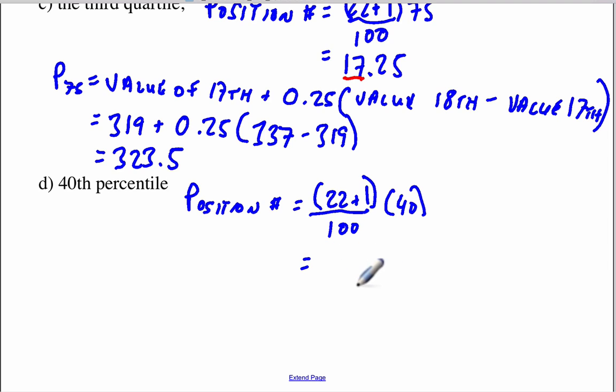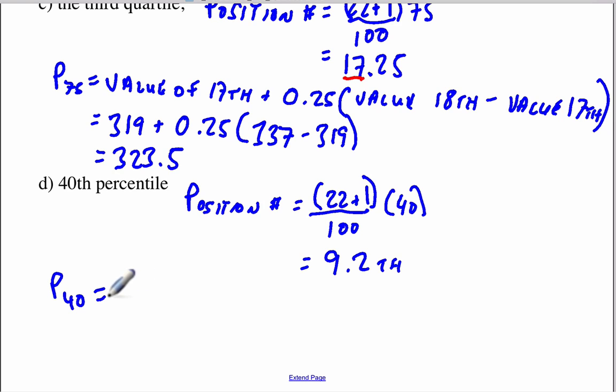When we do that, we get an answer of 9.2. So our solution is going to be in the 9.2 position. And so what we need to do now is figure out the value of the 40th percentile.